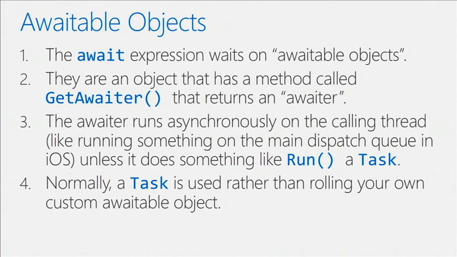That's like running something on the main dispatch queue, unless you do something to run code in another thread, which is what running a task does. Normally, you just use a task. That covers 95% of the cases. You don't normally have to roll your own custom object. So that's a little bit of under-the-hood stuff of how the await mechanism works. But normally you just await Task.Run something.